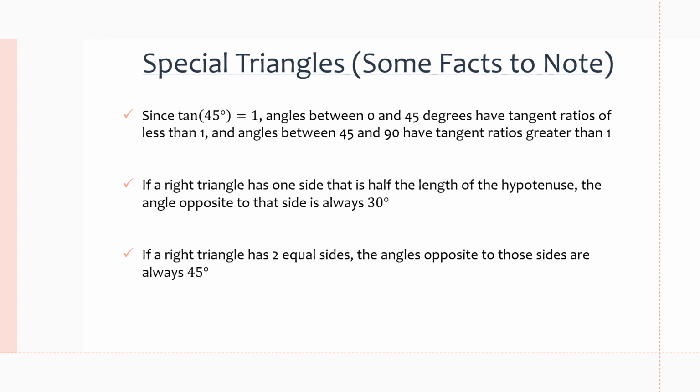So since tan of 45 is going to give us 1, angles between 0 and 45 degrees have a tangent ratio of less than 1. And so angles between 45 and 90 degrees are going to have tangent ratios of greater than 1.